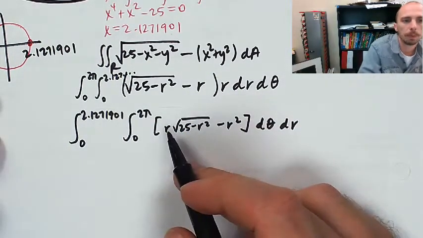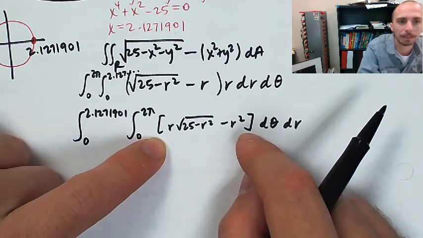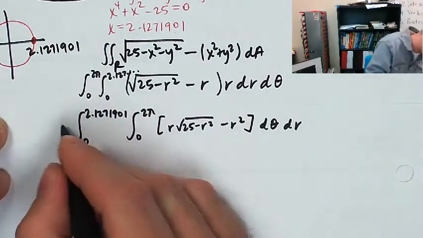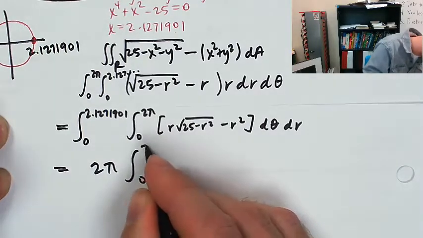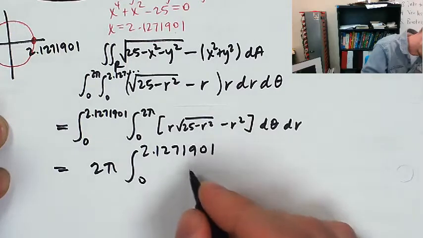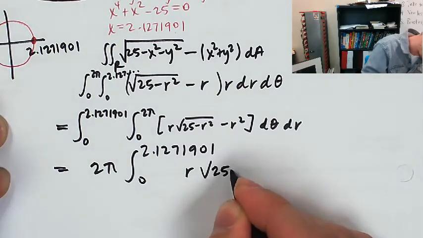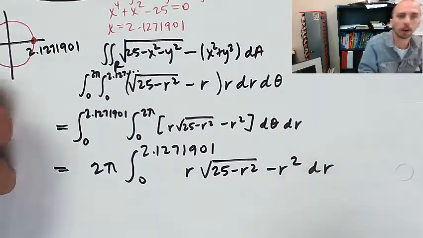I know how to do this with respect to theta. It's just going to be this thing times theta, as theta runs from 0 to 2 pi, so it'll just be 2 pi times that. So this is 2 pi times the integral from 0 to 2.1271901 of r square root of 25 minus r squared, subtract r squared dr.